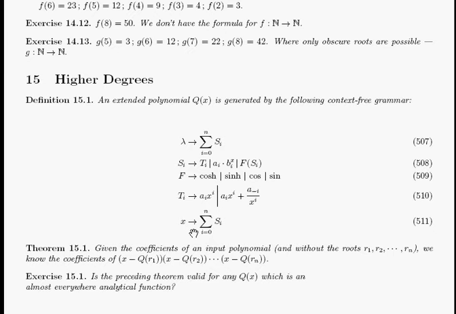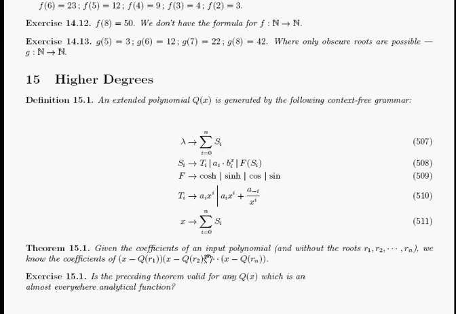X can be replaced by another sum from i equals to 0 to n of si. So many times you can go to cosine of the sine of the square of the cosine of the sine of the square of x.